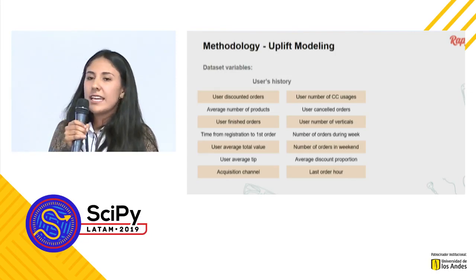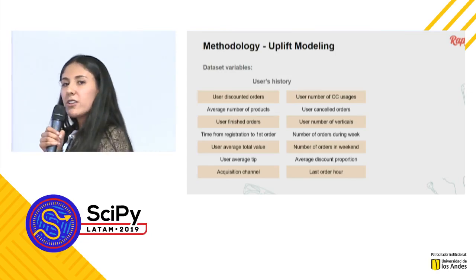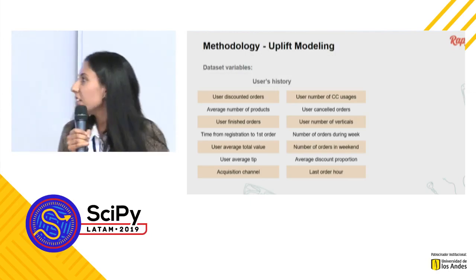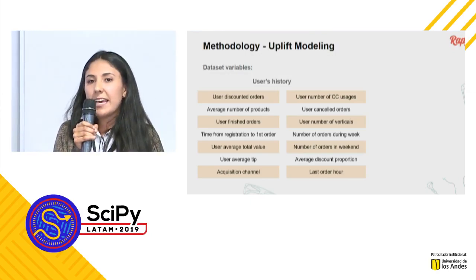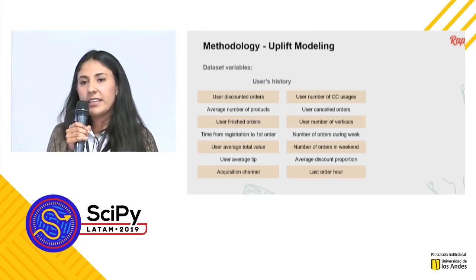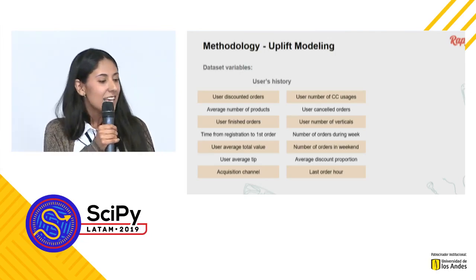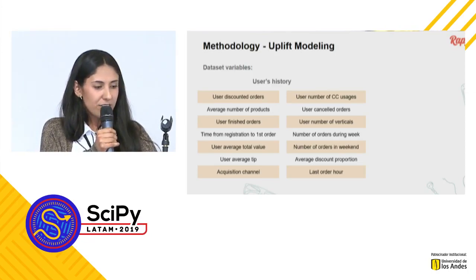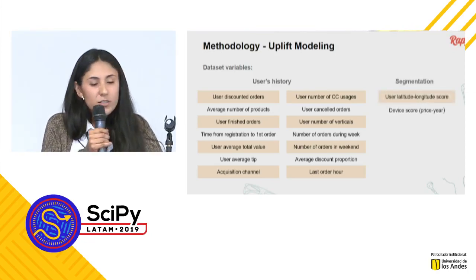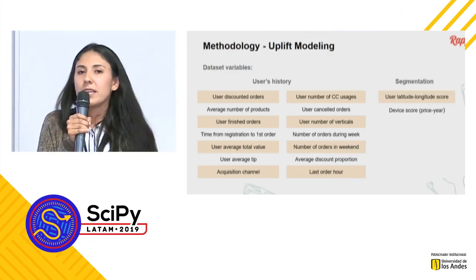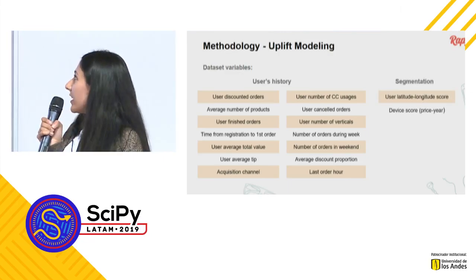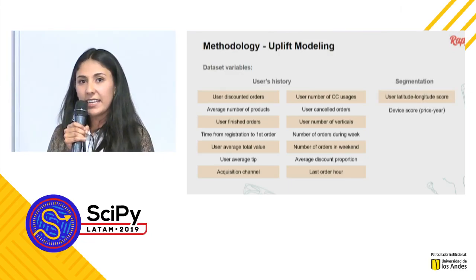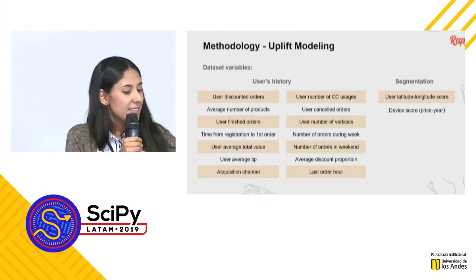For example, the number of discounted orders of the user, the average total value of the user, the number of times he or she used his credit card, and other variables of the purchase history of the user. Also, we used segmentation variables based on the longitude and the latitude of the user and the device that the user has.